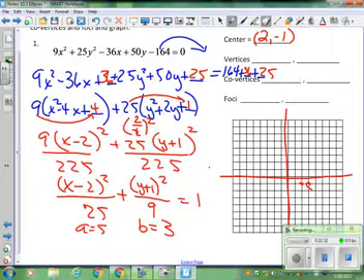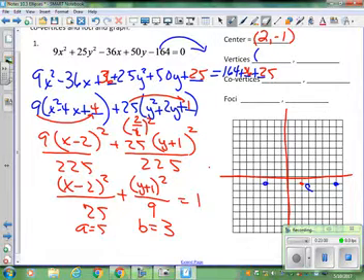And the x is longer, so we're going to count 5 out in each direction for x. 1, 2, 3, 4, 5. 2, 3, 4, 5. All right, so where are those 2 points now? 3, -1.